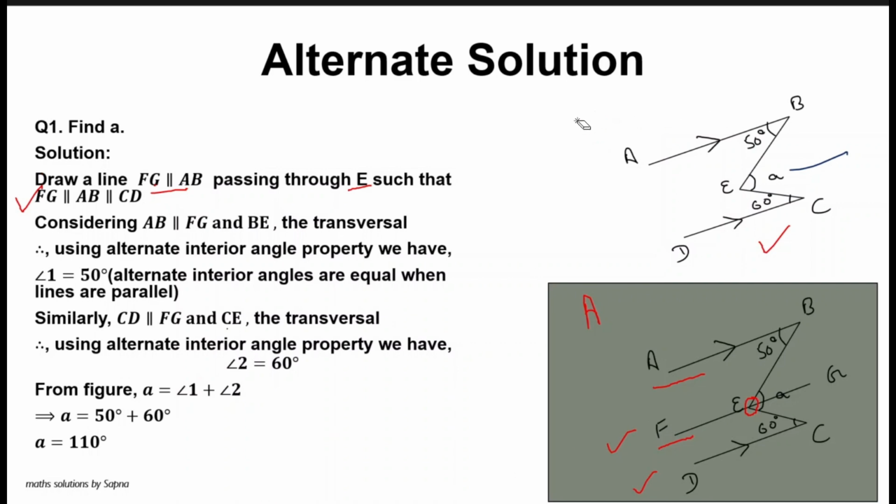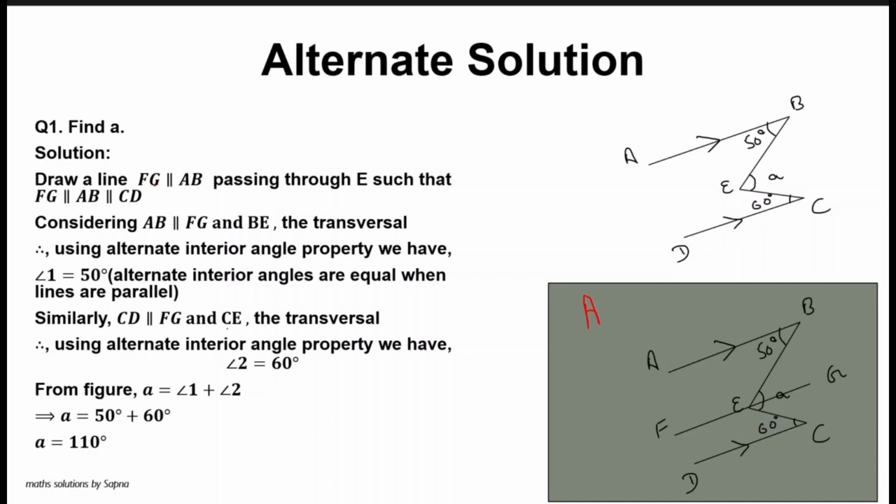Since AB and CD were already parallel, FG would be parallel to CD as well, right? Why I'm doing so? Because I need to figure out what A is. So instead of using the transversal, I'm using another method, which is drawing a parallel line. Now, let's do it one by one.